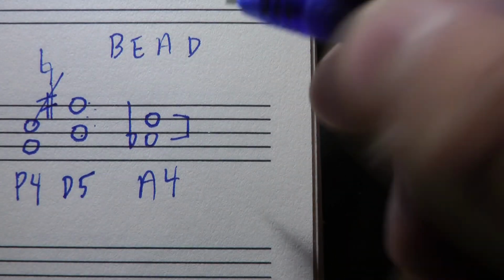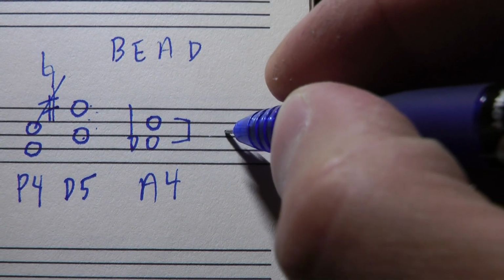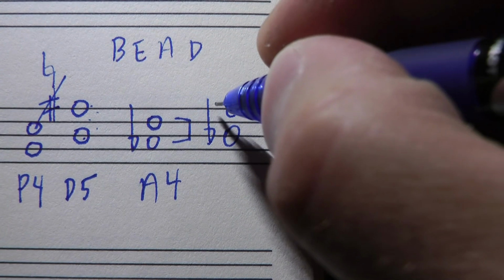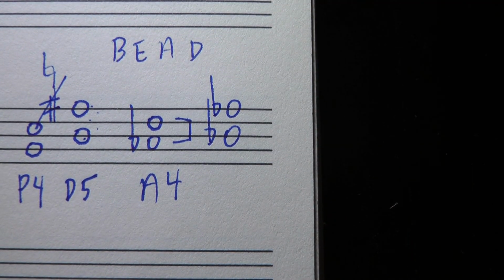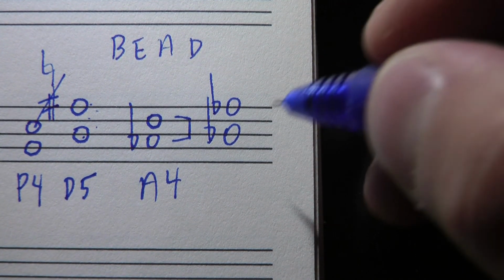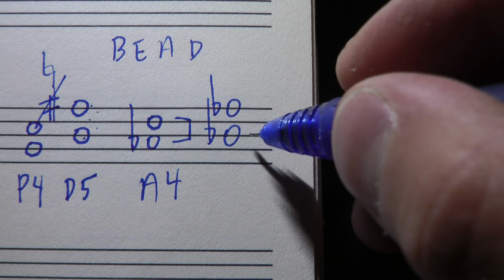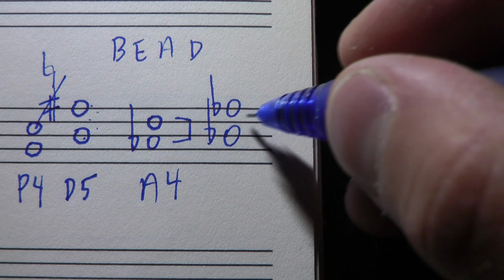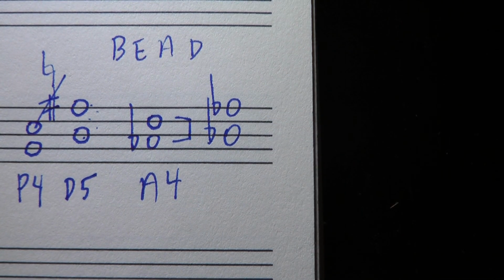Let's do one more. B flat to F flat. What type of interval is this? The distance again is 1, 2, 3, 4, 5, a fifth. Is it a perfect fifth?